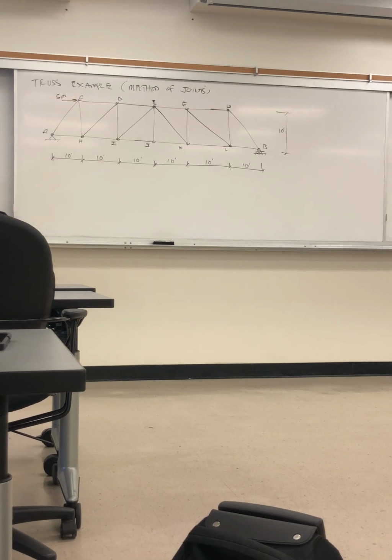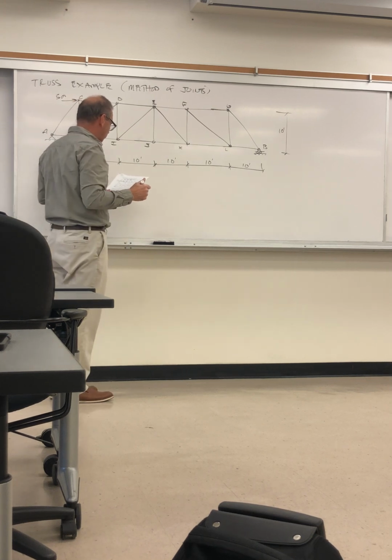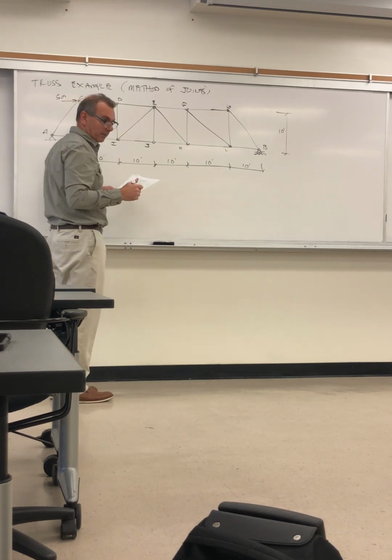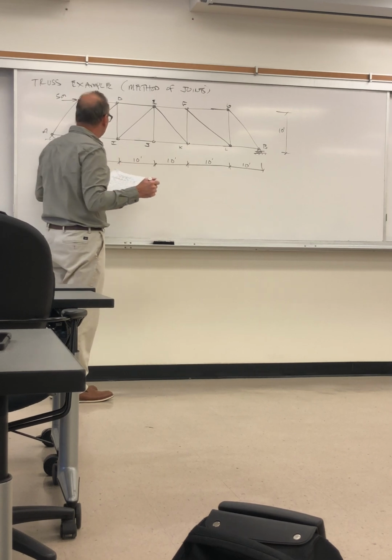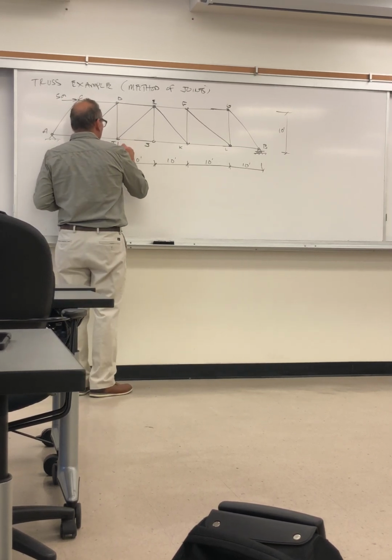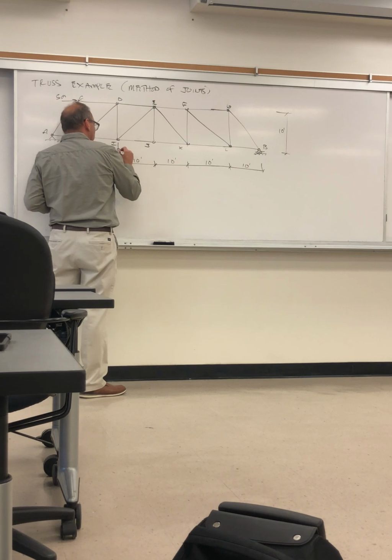There's a horizontal load applied at the top at joint C, 50 kips, that's 50,000 pounds. And at I, J, and K, I'm applying a force down of 10 kips at each of these.